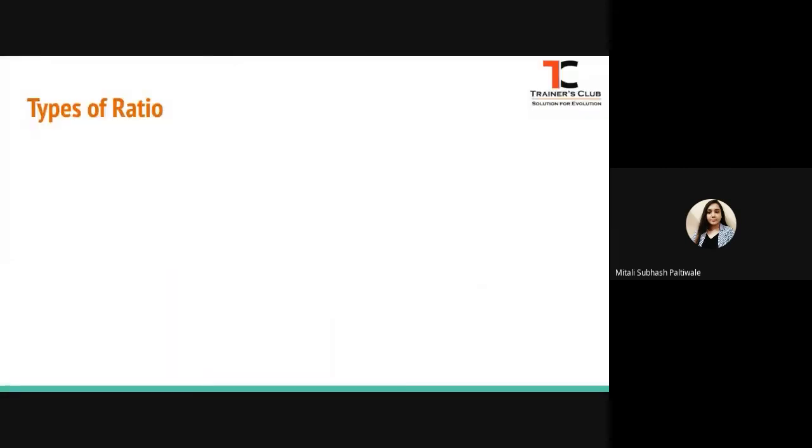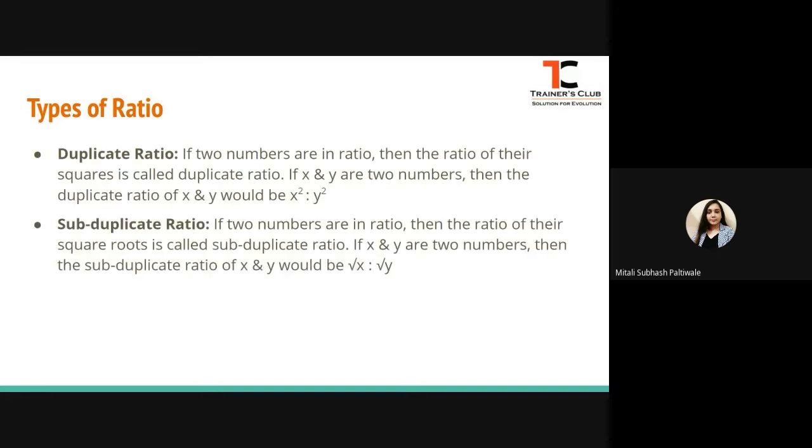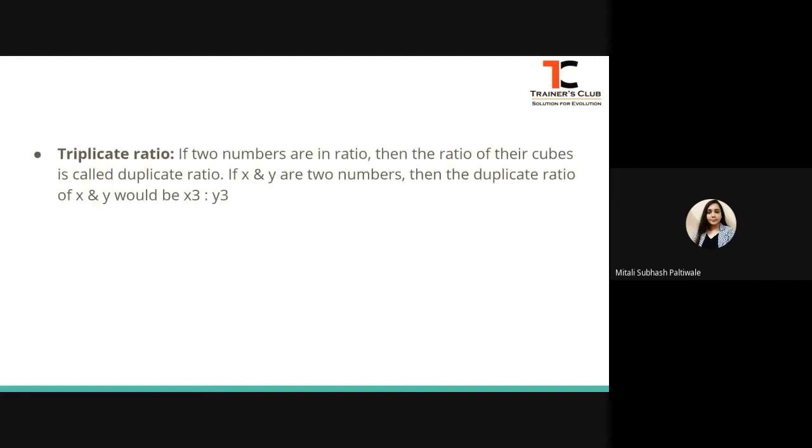For the same ratio x is to y, you take the roots of it, and that is the subduplicate ratio. The duplicate ratio is just the square of x is to y, so to find it you just need to square it.